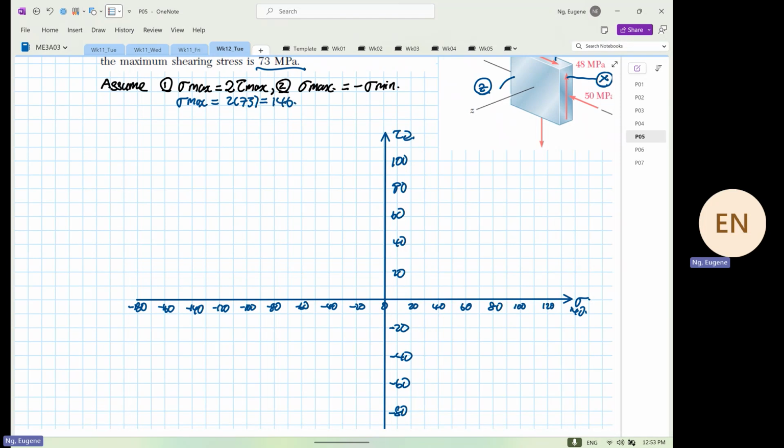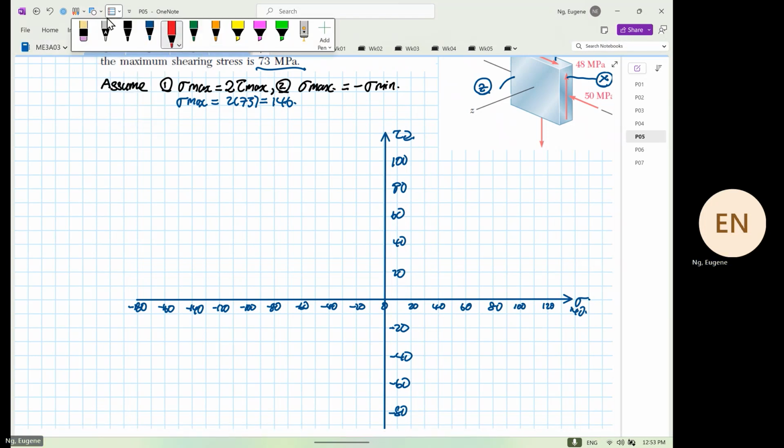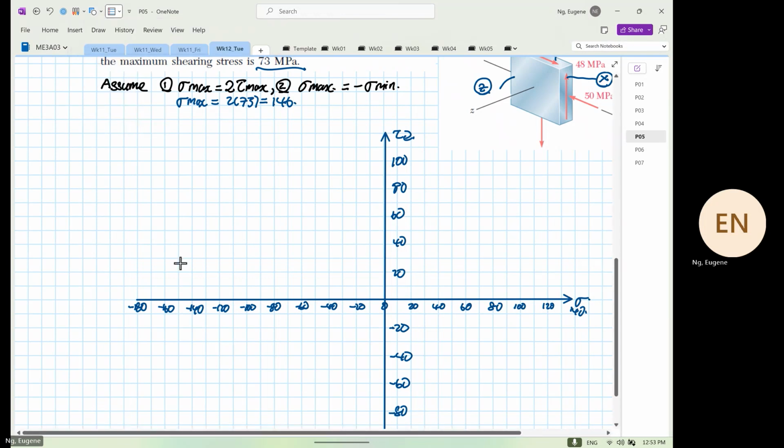Am I right? 73 times 2 is 146. So I'm going to sketch a box that starts from negative 146. I'm eyeballing this.